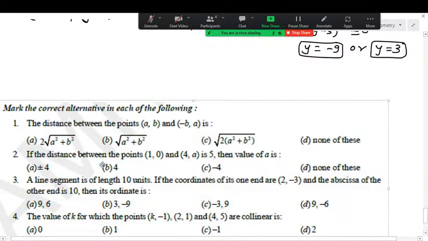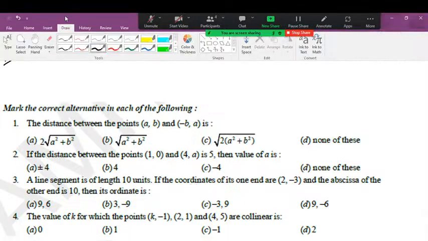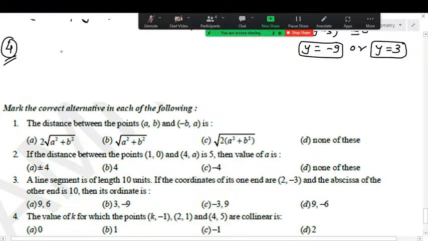It's based on collinearity. Either we can use the approach of solving it using AB, BC, or we can just solve it using the concept of area of triangle. Here we have a point A named k comma minus 1.